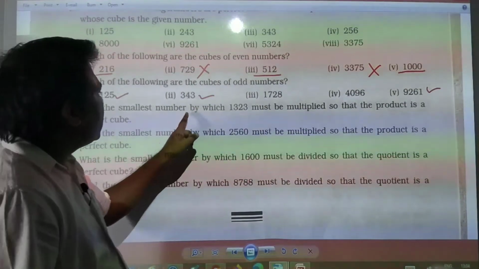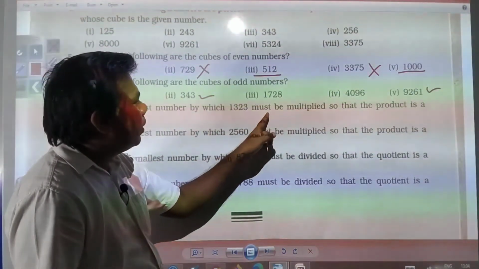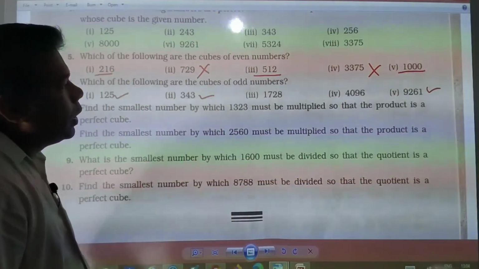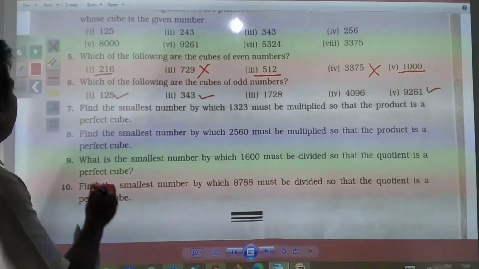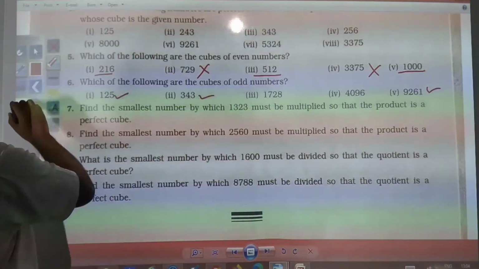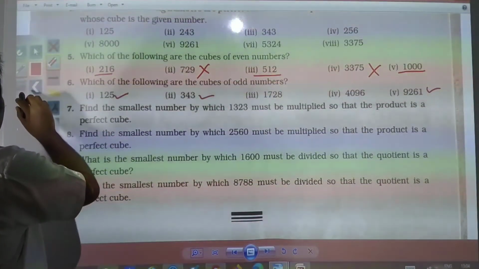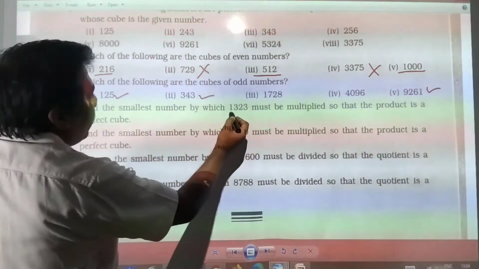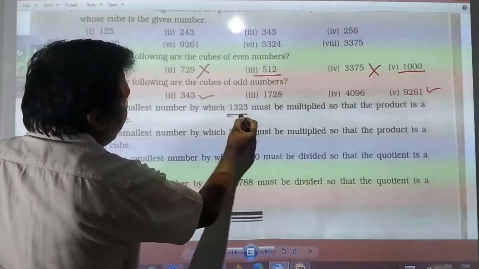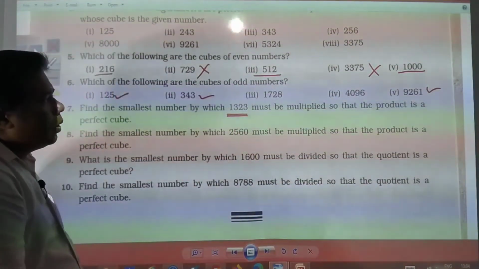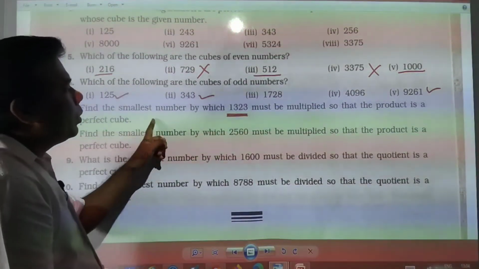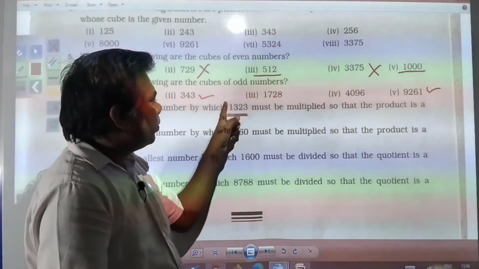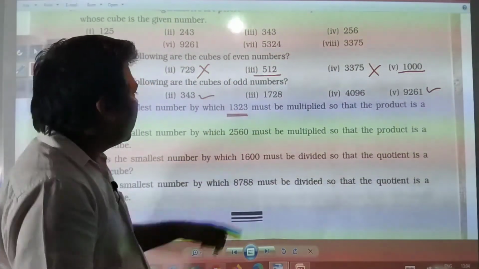Find the smallest number by which 1323 must be multiplied so that the product is a perfect cube. So for this again what we need to do, we need to do the prime factorization. We need to find the factors of 1323 and then we will come to know which number is required to be multiplied by this number 1323.